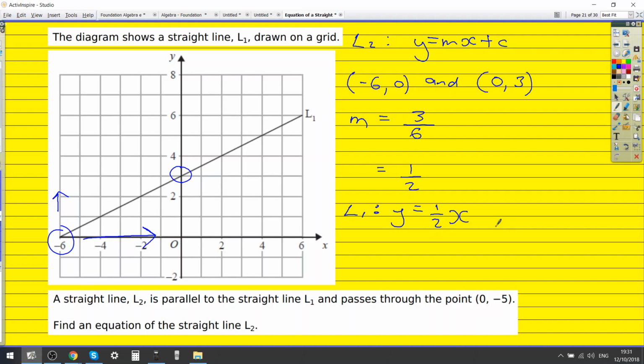It's the y-intercept when x is 0. So on this line, when x is 0, what is y?